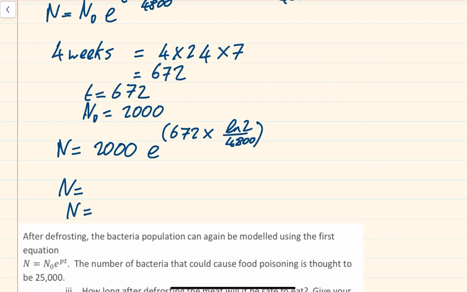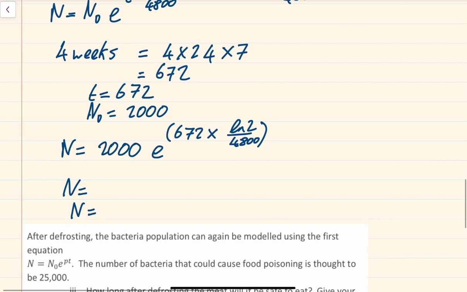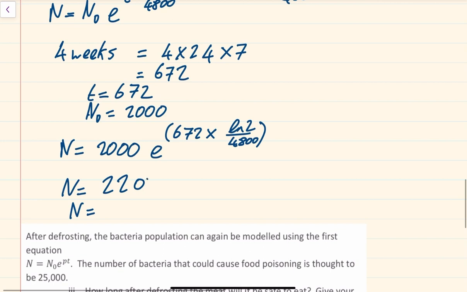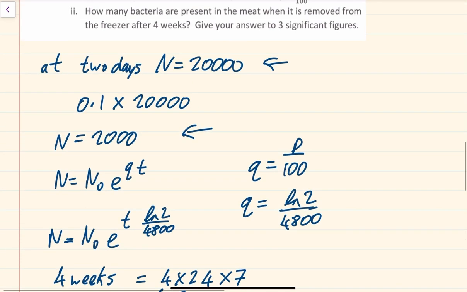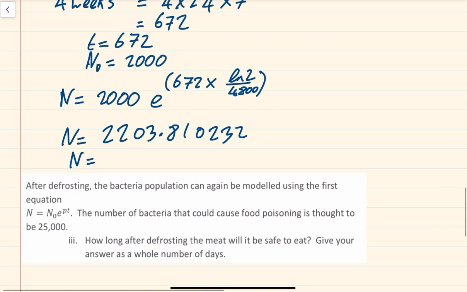What I get is 2203.810232, and to 3 sig figs that is 2200 bacteria.